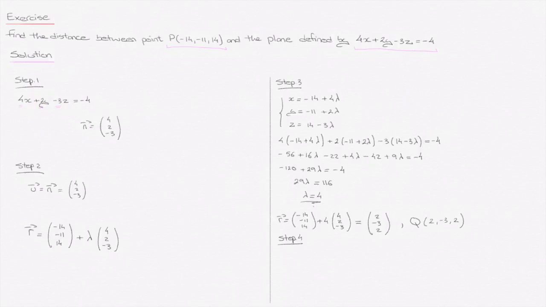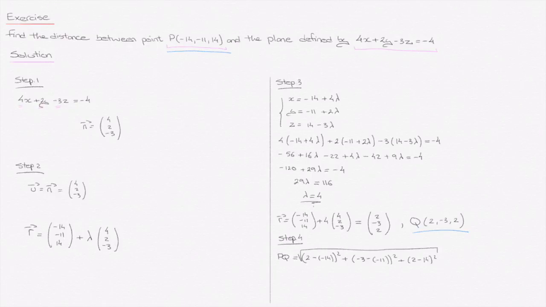We have the coordinates of both points P and Q. Remember, we were given the coordinates of P in the question, and we've just found the coordinates of point Q. So we can now use the length of a line segment formula, and we can write PQ is equal to the square root of (2 minus negative 14) squared plus (negative 3 minus negative 11) squared plus (2 minus 14) squared.